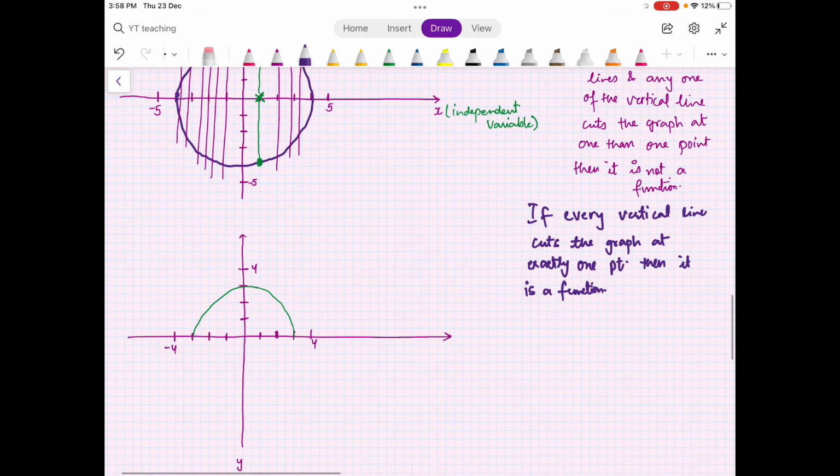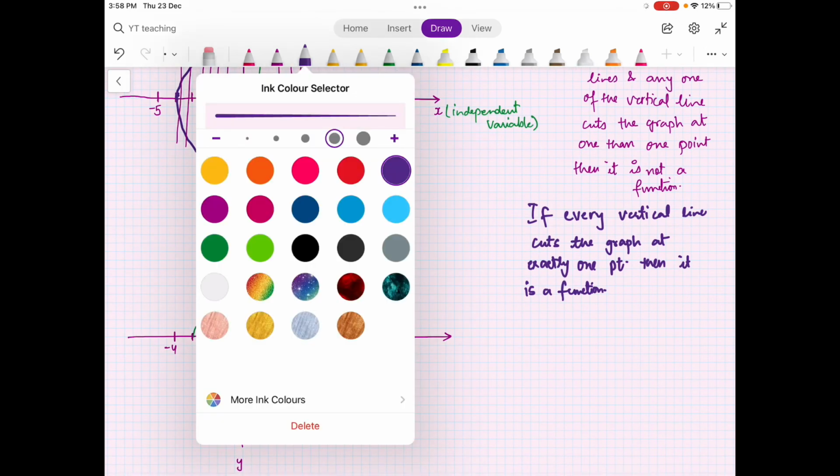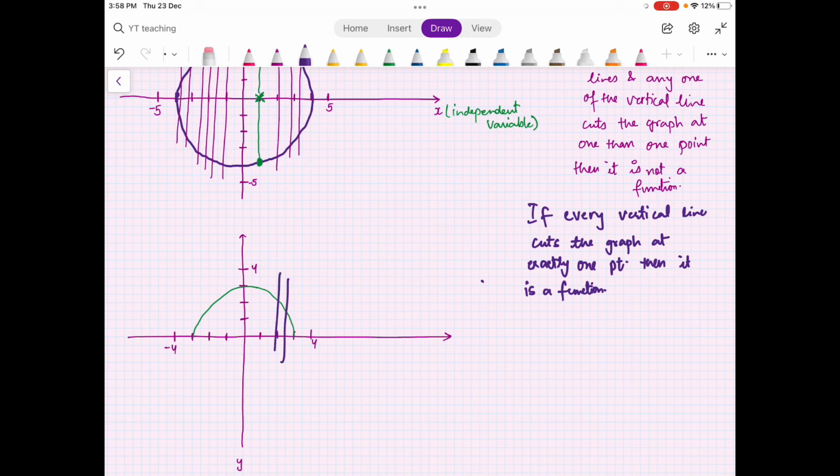For example, here you see, if you draw vertical lines, it is intersecting at exactly one point because your graph is this green line. Okay, so this is a function. Yes, it is a function. In the last case, we will write that no, it is not a function.